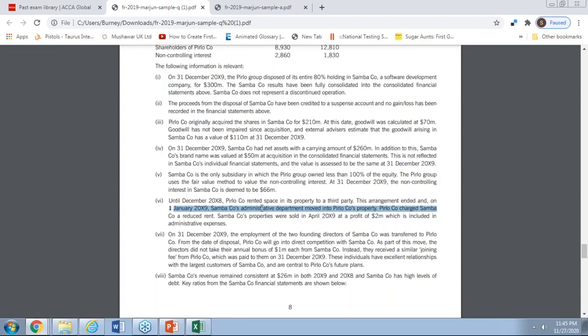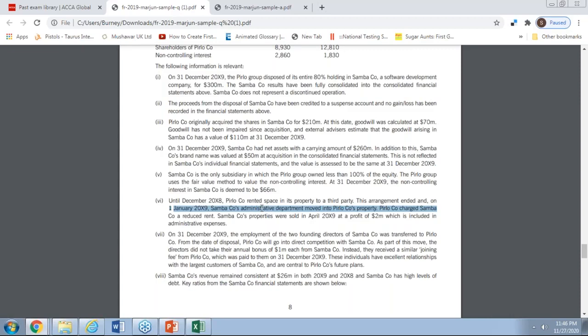So there will be two impacts for this transaction. First, on the individual basis, there will be a saving of rent for the Samba company. If Samba company hired a new property or moved to a third party's property, they would have to pay a huge amount of rent. But they have shifted to the parent company's property, so they are paying the reduced rent.